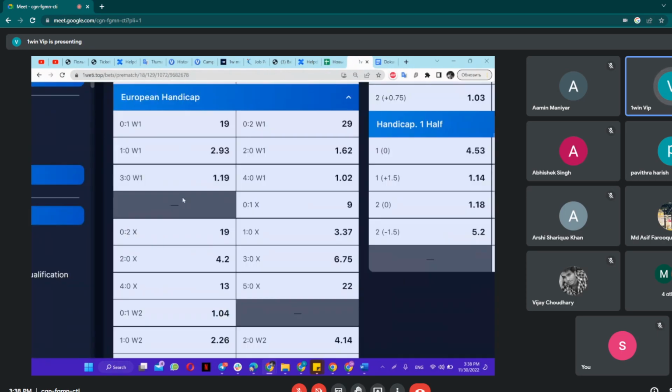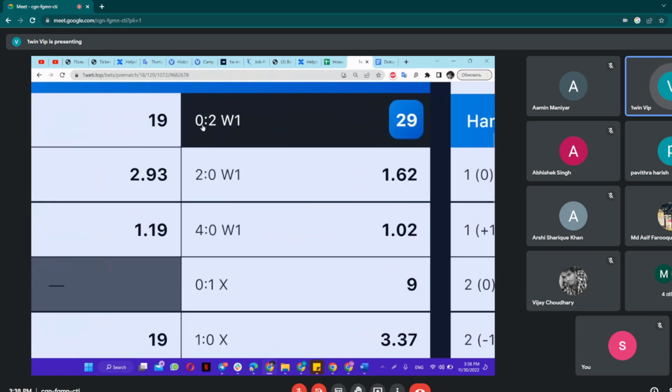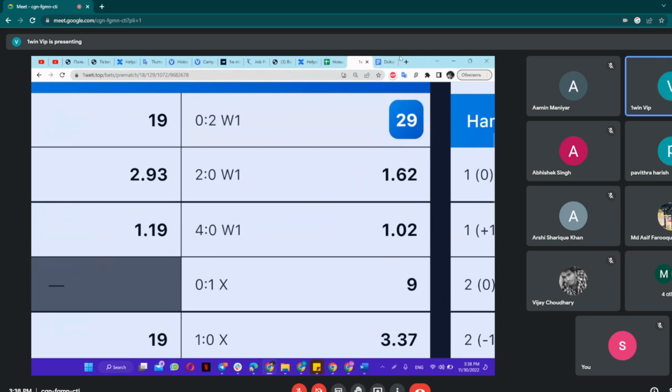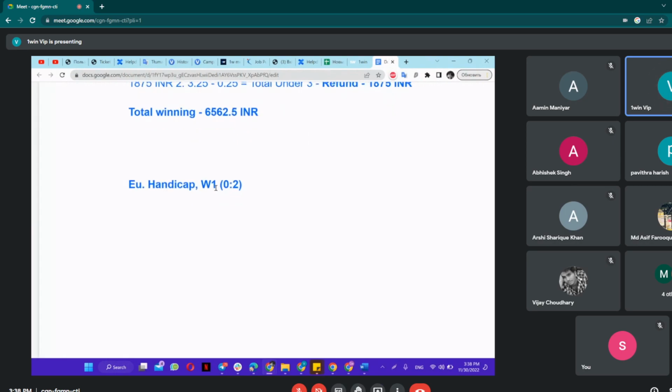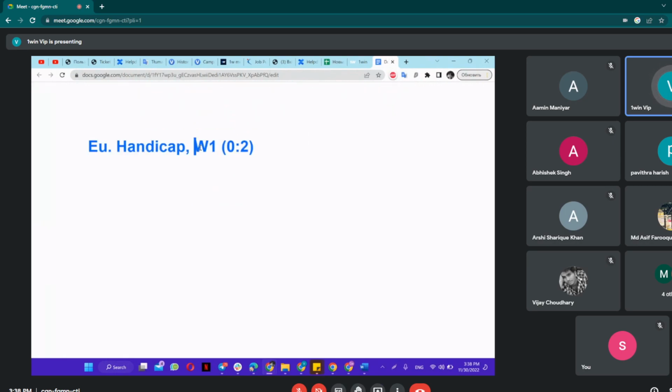We can see that there is a bet like this. What are we betting on in this bet? We bet that the first team will win, even if we give 2 extra goals to the result of the second team.